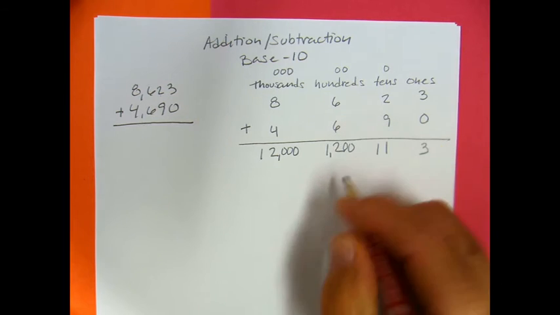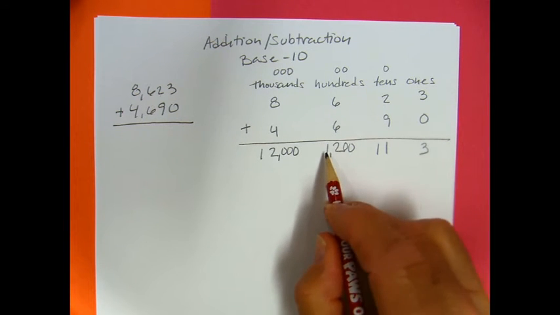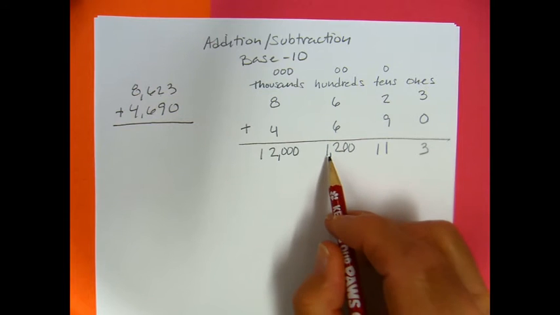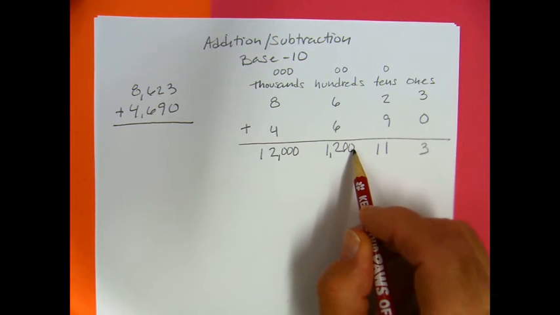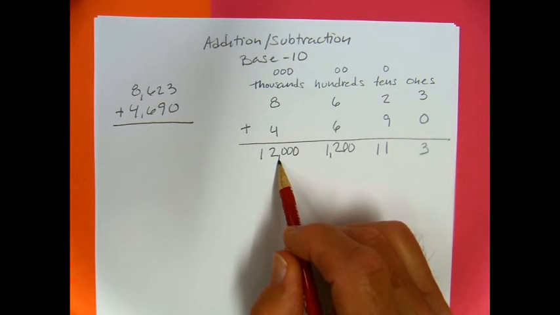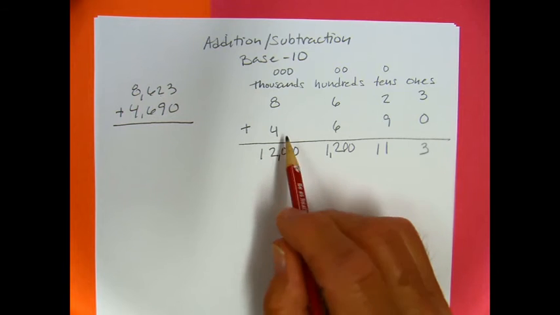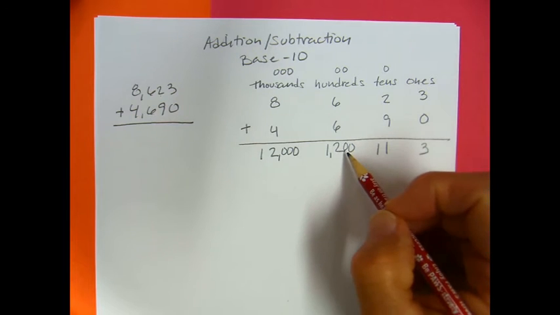Go ahead and include your commas after each hundred and thousands place value. This is 12,000. We're using the same numbers we had when we began, just without adding the place values, these zeros. Same thing for the hundreds.